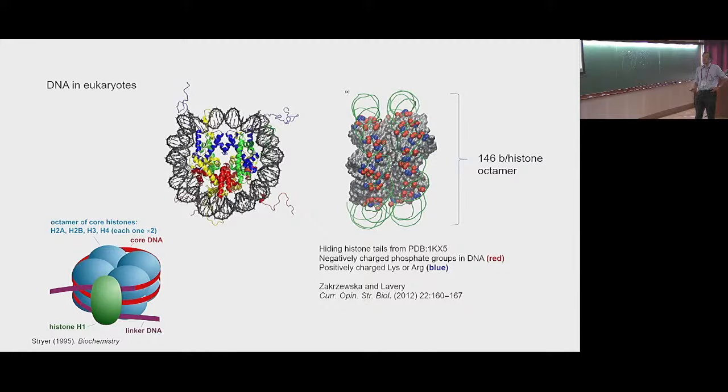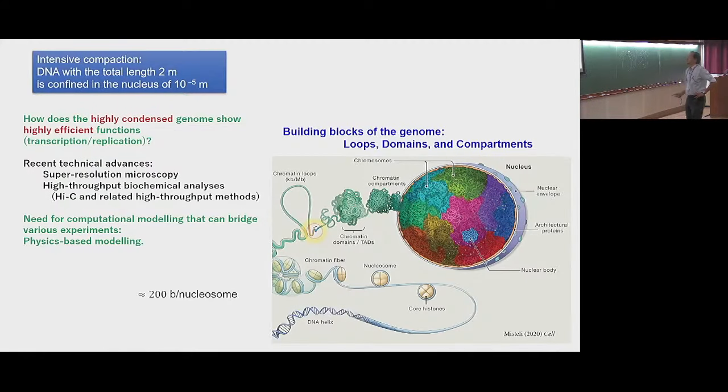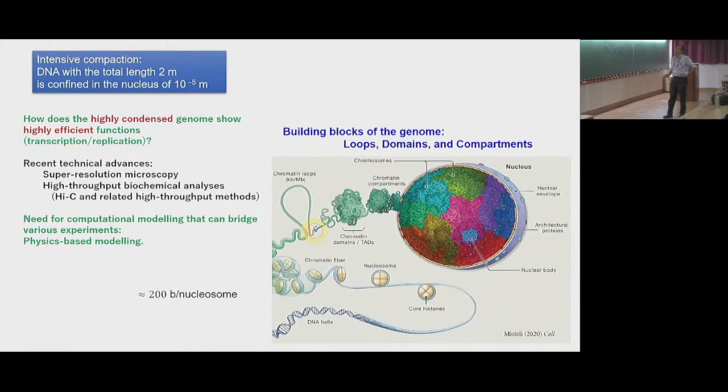DNA wraps almost 2 turns around histone octamers, and this is an illustrative scheme of how the genome is organized. This particle, histone octamers and wrapping DNA, is called a nucleosome. The array of nucleosomes is called a chromatin chain or chromatin fiber.